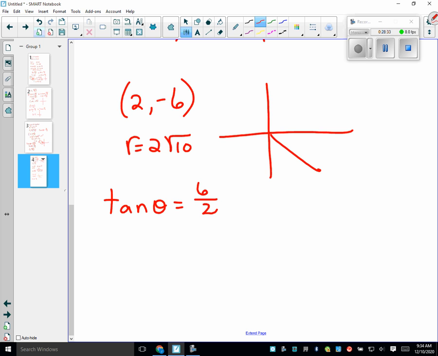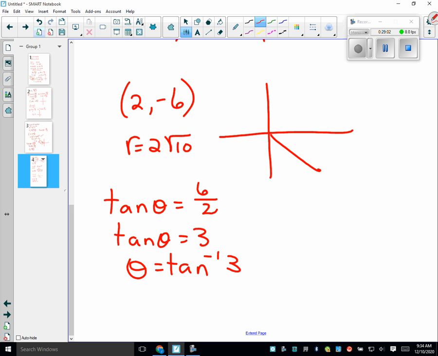Yes? Is the tangent of theta equal to 3? How am I going to put that? So is theta equal to the arctangent of 3? Right? Is that right?